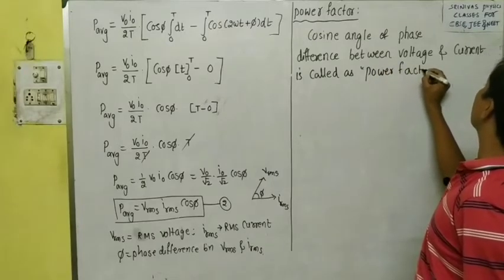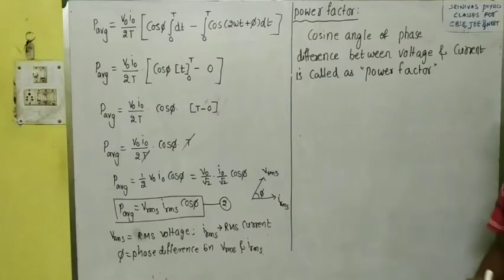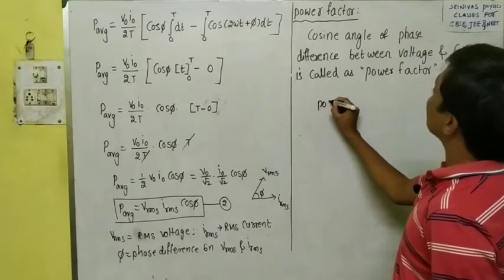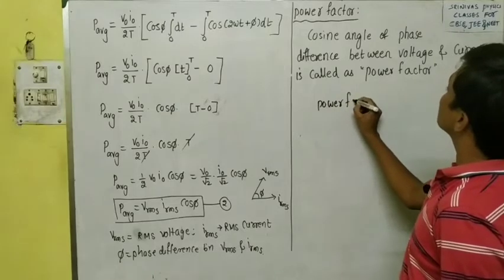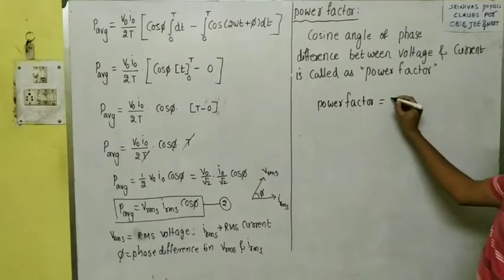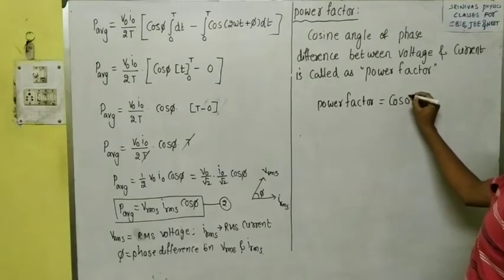Okay, this power factor is what affects the power in an AC circuit, that is the cos phi.